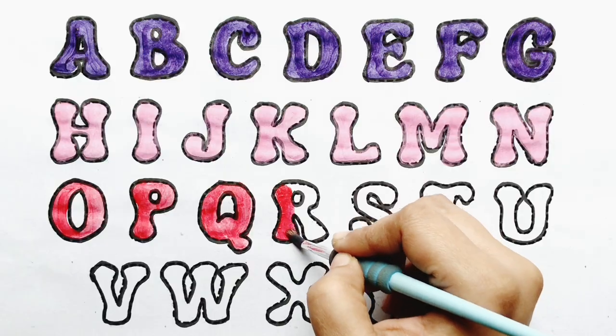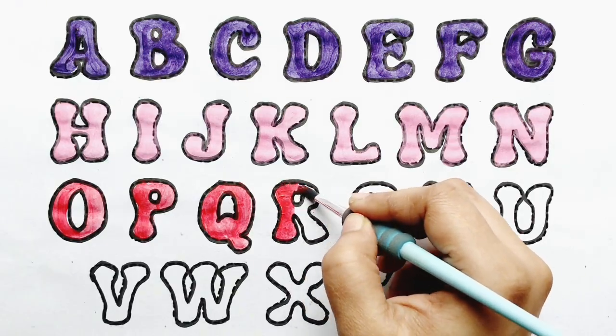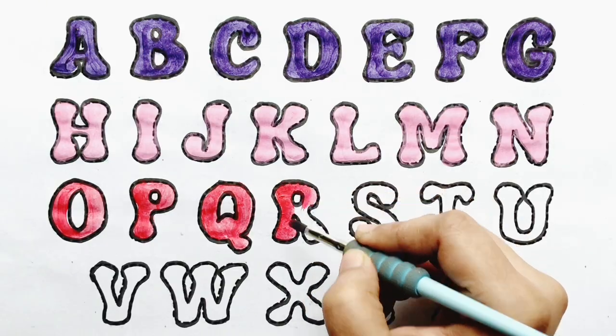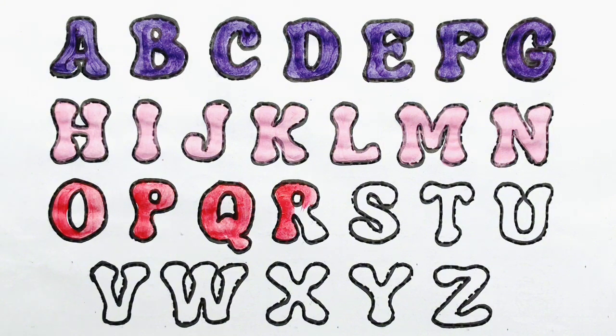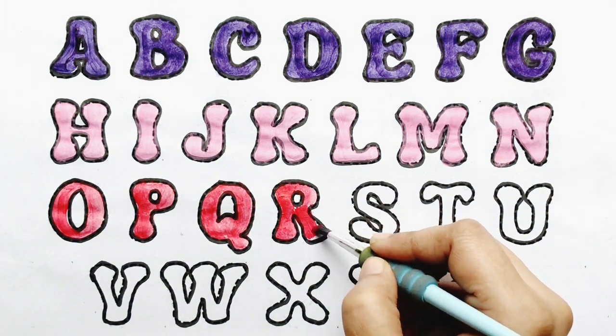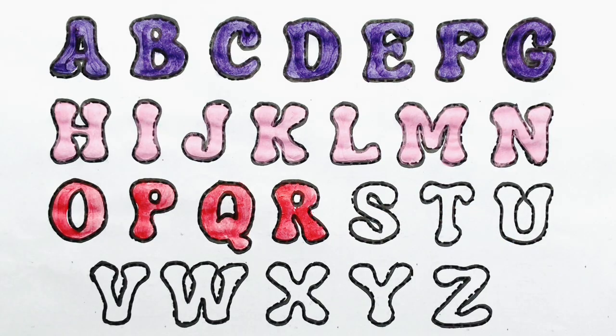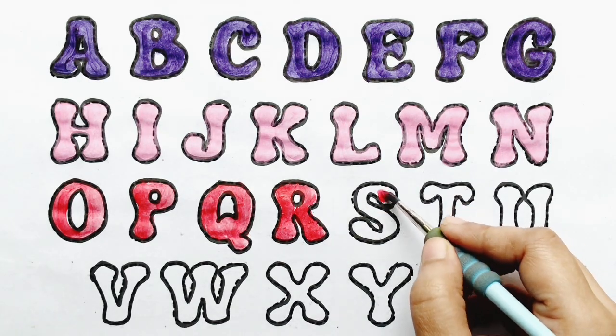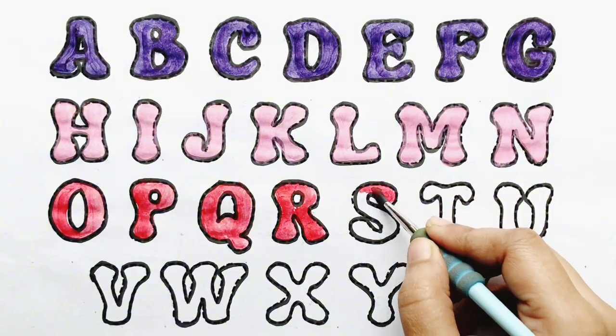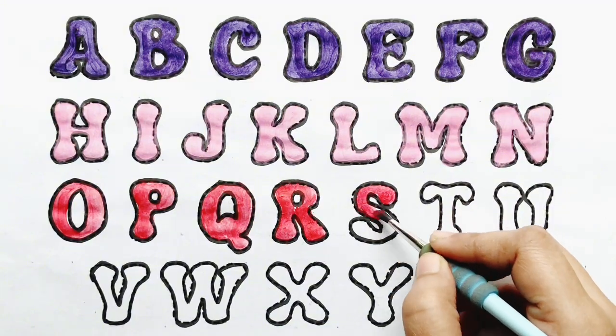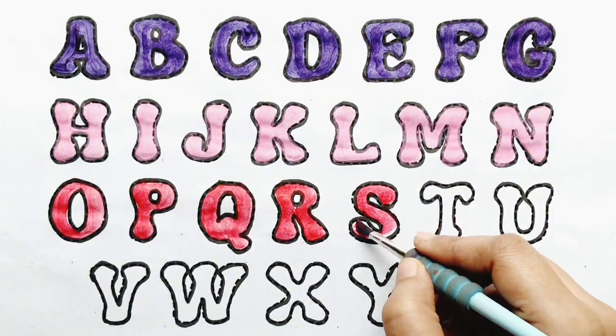Let's see a list of words. R for rainbow. Apple, angel, address, animal, answer. April, autumn, ambulance, airplane, arrow. A. S for snail. Ant.